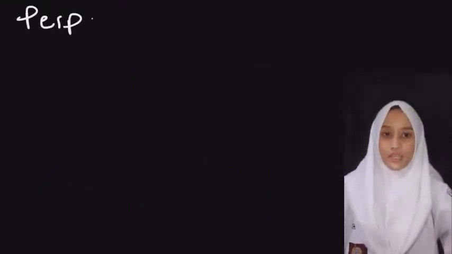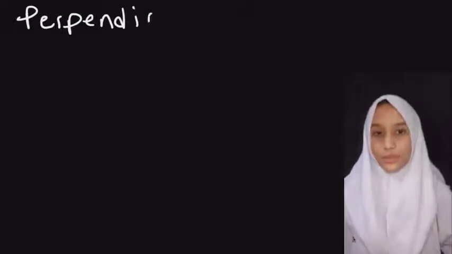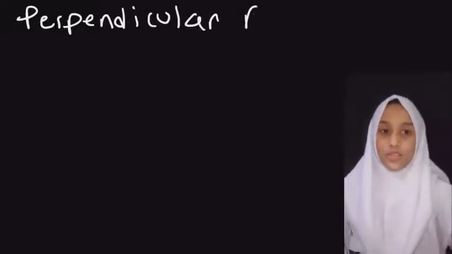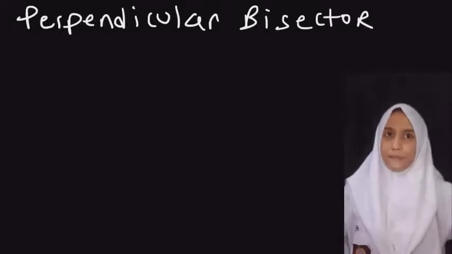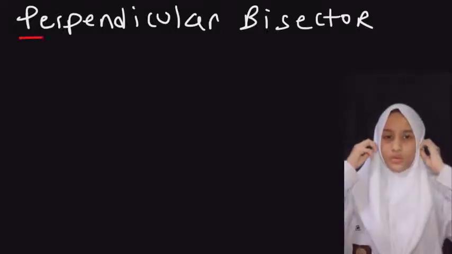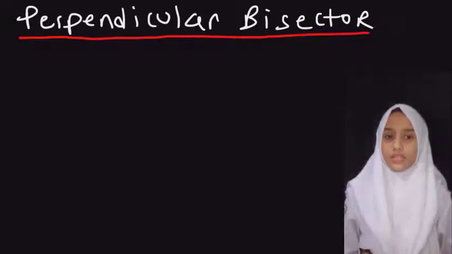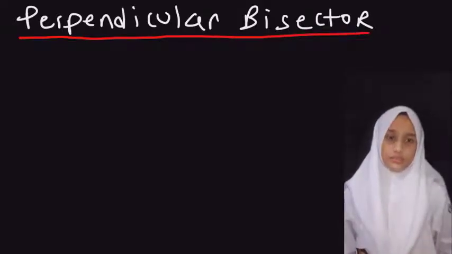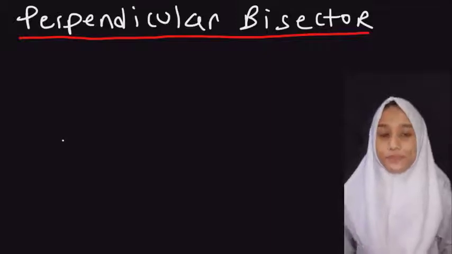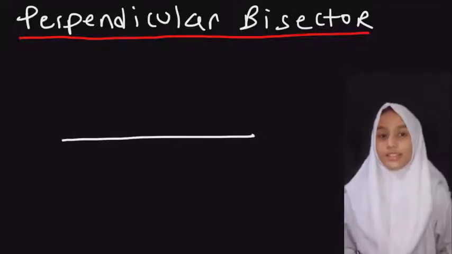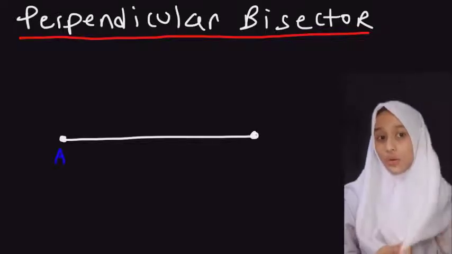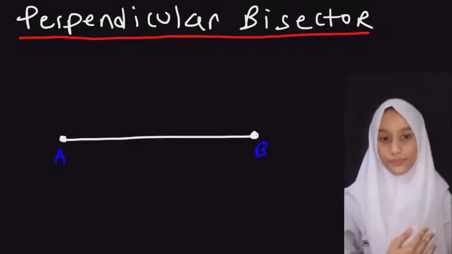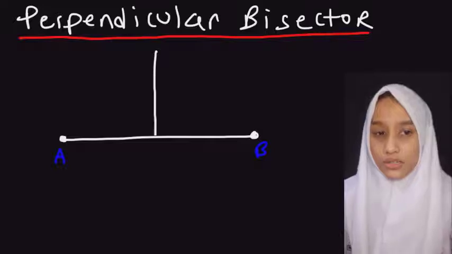Now the next thing we're going to talk about is the perpendicular bisector. So, looking at the words perpendicular and bisector, what do you think this represents? So, let's say we have a line segment which we'll call segment AB, and now we are going to draw a line that's perpendicular to it.